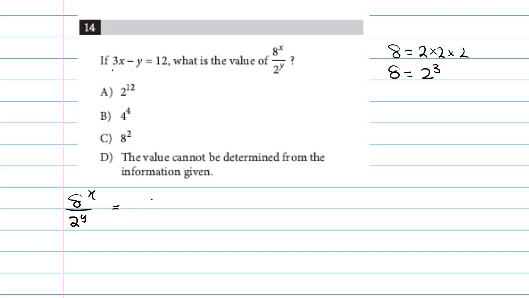Okay, let's use that here. 2 to the 3, to the x power, over 2 to the y. Now let's simplify this. You have 2 to the 3 and you take the x power of that. When you have a power of a power, like 2 to the 3 to the x, you can actually multiply 3 and x and put them together: 2 to the 3x over 2 to the y.